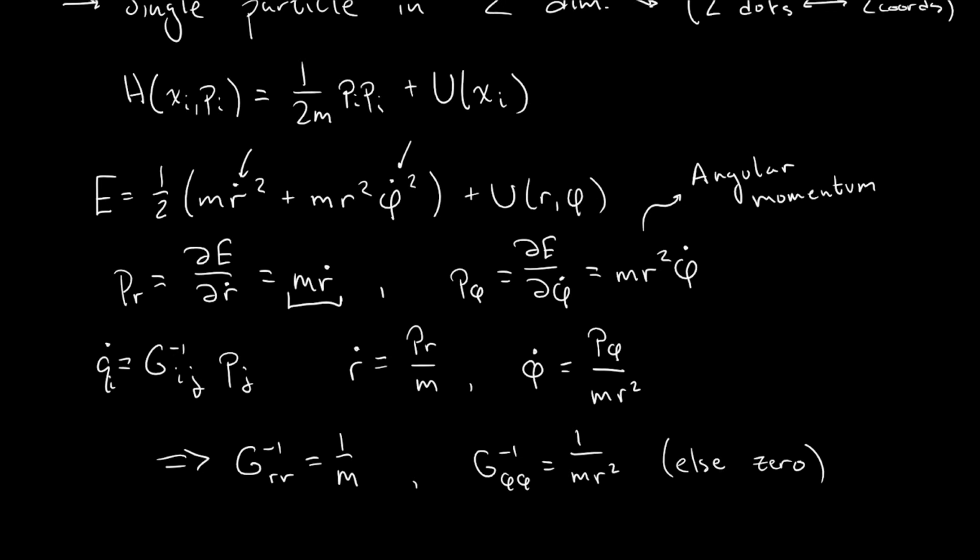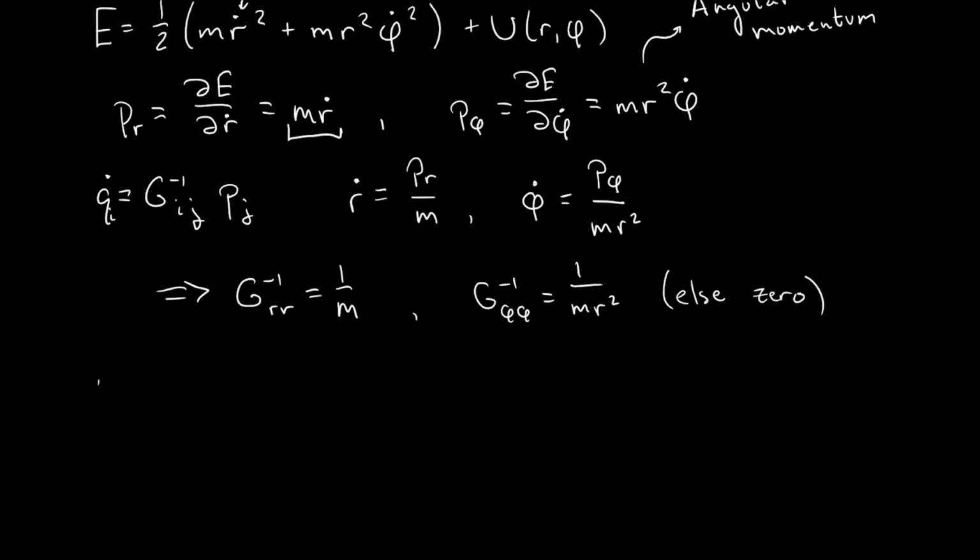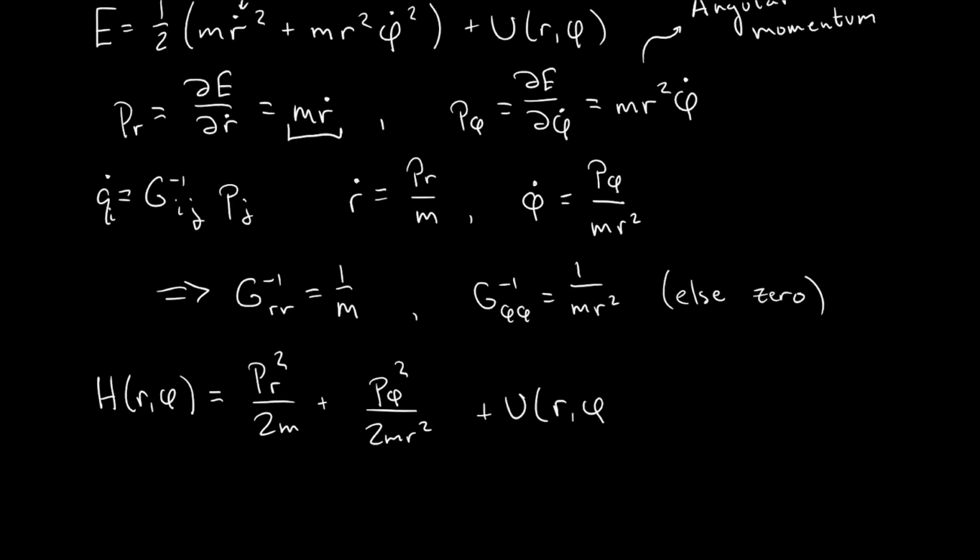Okay? So now I write down my Hamiltonian in terms of r and phi. And this is p r squared over 2m plus p phi squared over 2 m r squared plus whatever my potential energy is. Okay, now here's the kicker.